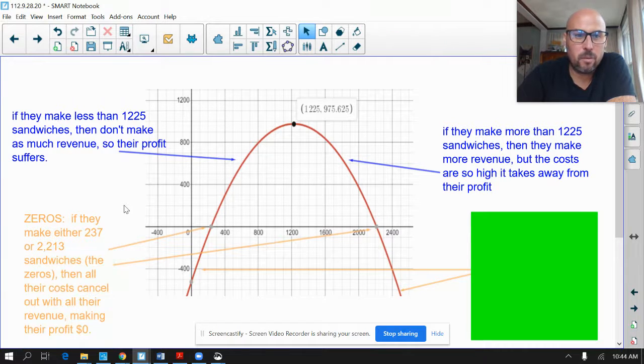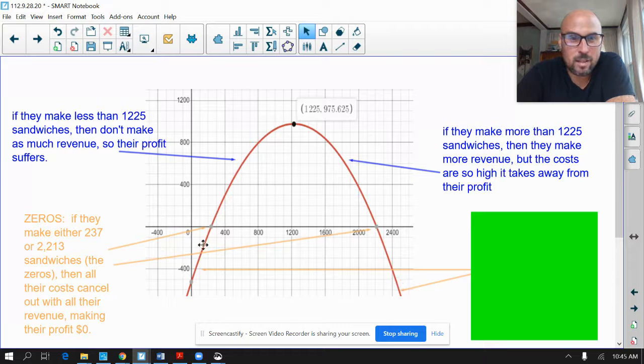So if your employees make exactly 237 sandwiches, or if they make exactly 2,213 sandwiches, then the cost of making the sandwich and the revenue they pull in from those sandwiches are equal to each other. The cost and the revenue are equal. And if your costs are exactly equal to how much money you're bringing in, then you're not making any profit. Your profit is zero.